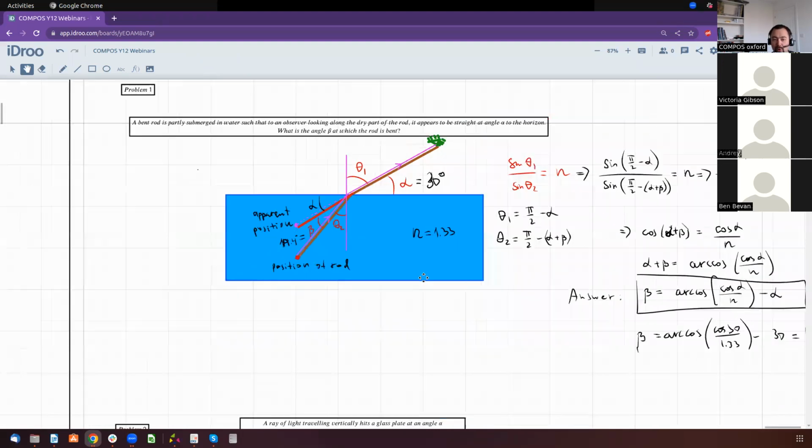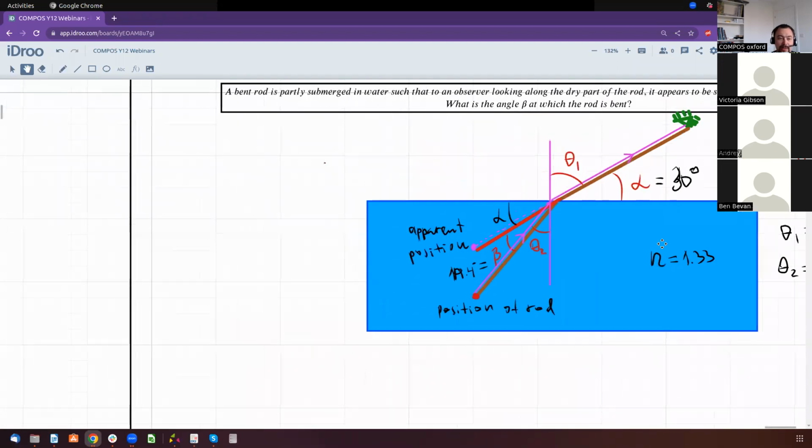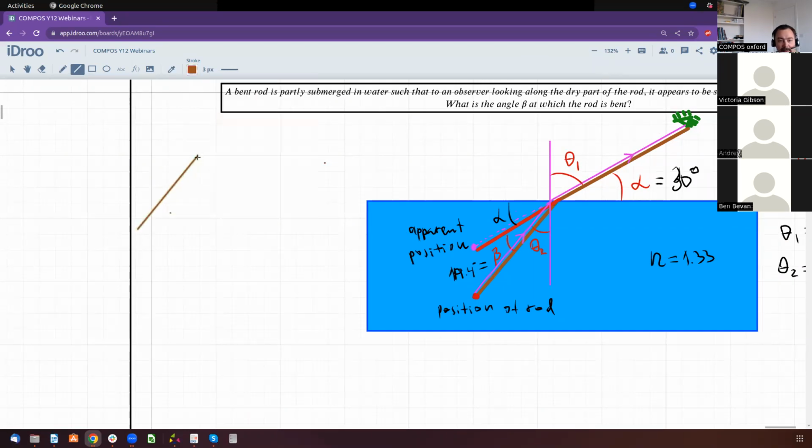So what the stick actually looks like, just recapping, this is how the stick actually is, and this is how it looks like. So how it is, how it appears.